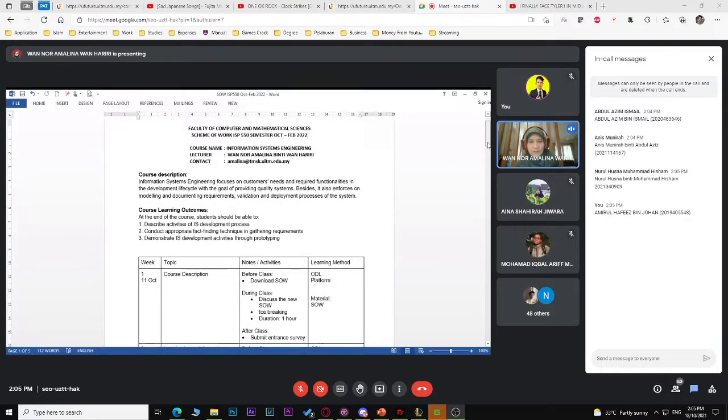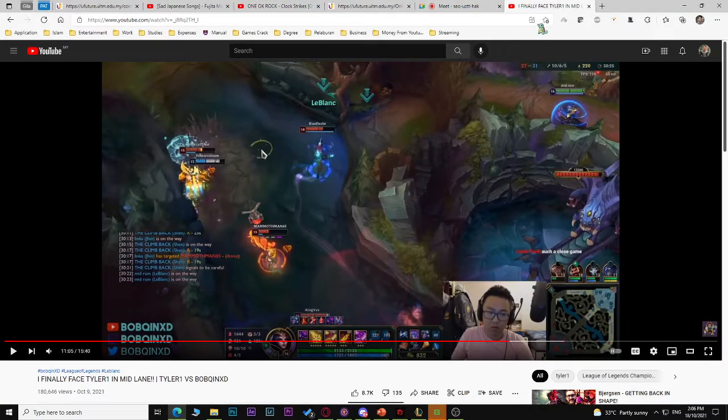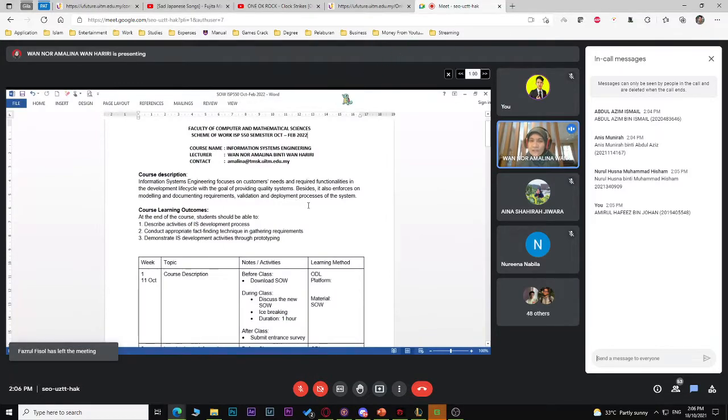Emphasize on the course description and also the learning outcome, right? What you will be learning in this class is, first, what information systems are. You will see some definitions of information systems and what information systems engineering is all about.